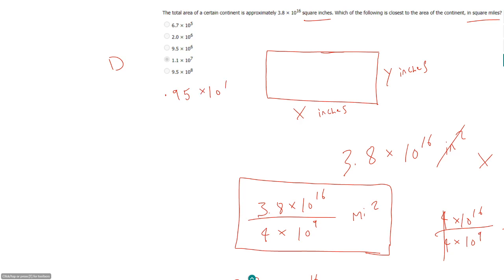So we got 0.95 times 10 to the 7th, which I don't see as an answer choice, but I do have a couple of answer choices with a 9.5 in them. So if I want to make this base a 9.5, I'm moving my decimal point one spot to the right. So in order to balance it out, I have to move the exponent one to the left. So 9.5 times 10 to the 6th. That is answer choice C.